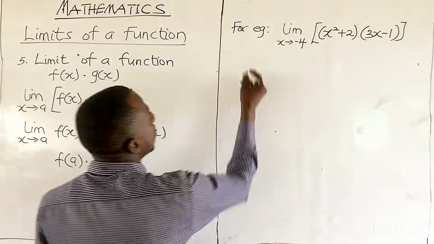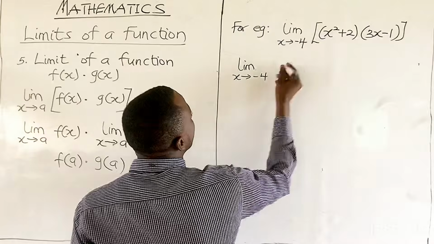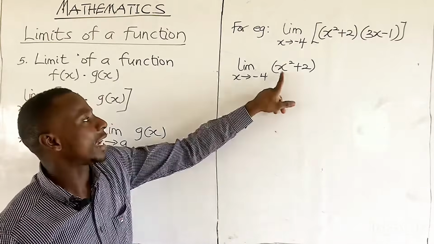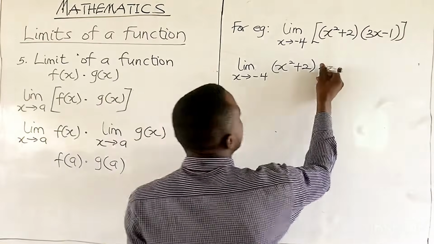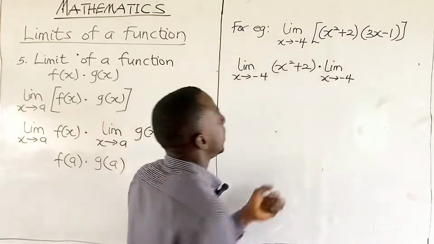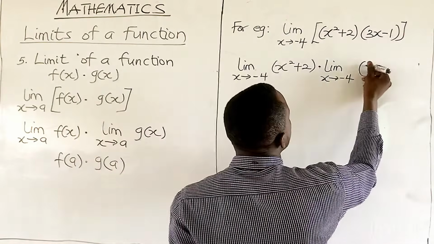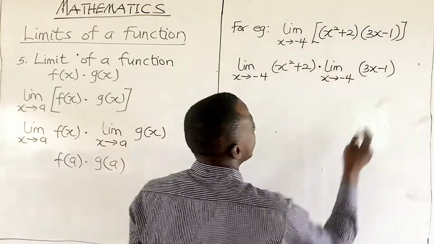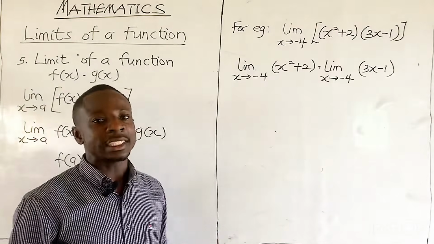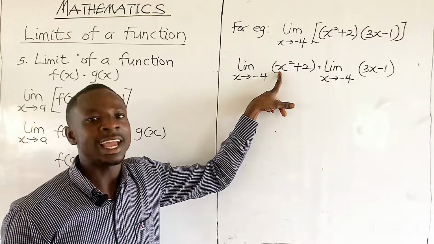At this point we have limit as x approaches -4, we pick the first function, and that is going to be x squared plus 2, multiplying limit as x approaches -4. Again from here it will now take the second bracket, so we have bracket open, 3x minus 1.